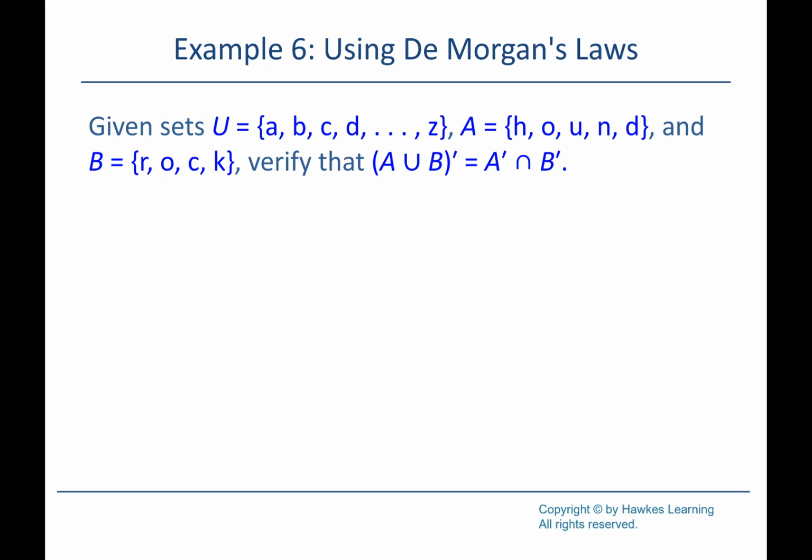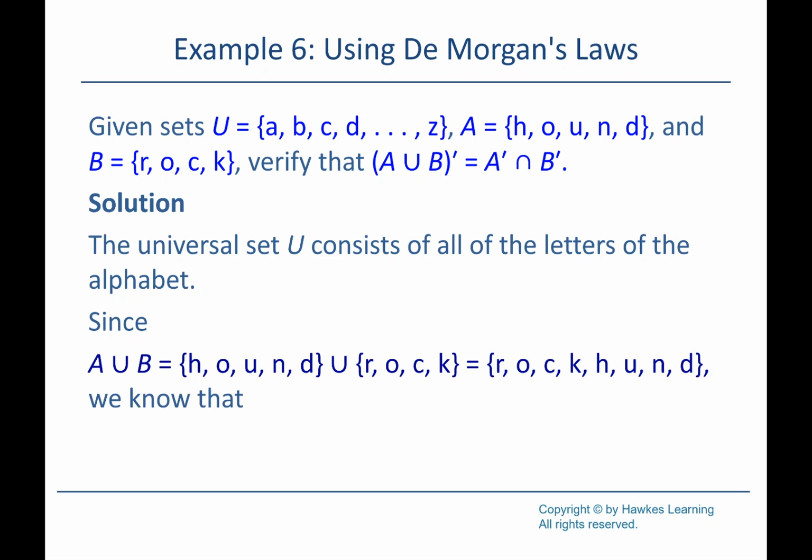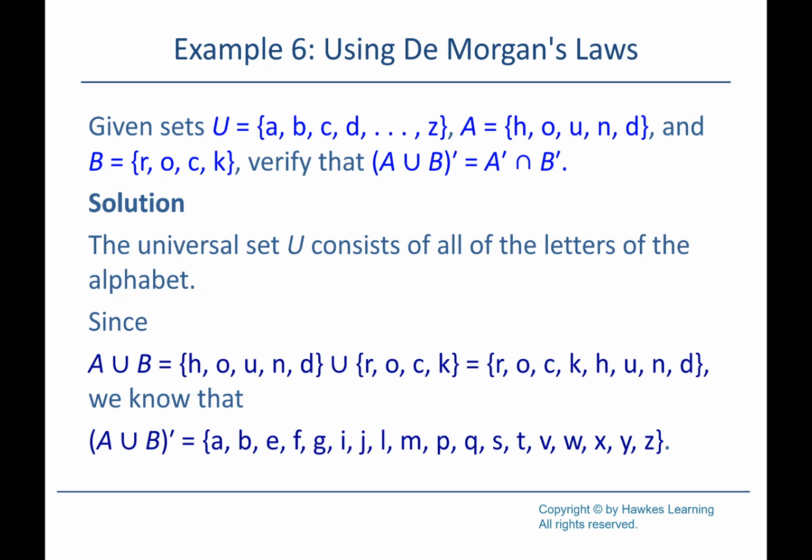Okay. So doing it the first way, we would have to find the union of A and B. That's not that bad on this one. Not that big of a set. But then we have to take the complement, and the complement gets long.